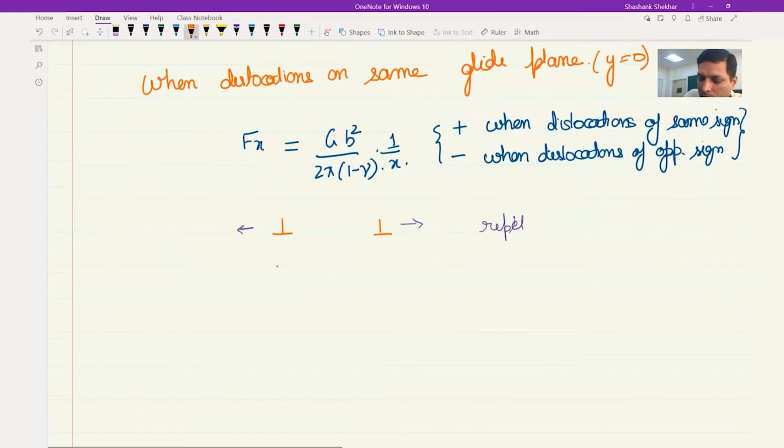And if the dislocations happen to be of opposite sign, this is how it would look. In this case, the dislocations would attract each other. So dislocations of same sign will repel, and those of opposite sign will attract.